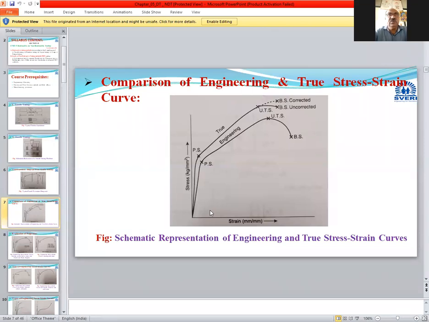After elongation, whatever stress we measure is true stress, and before that, in the original condition, it is engineering stress. Normally we go for the engineering test to get the tensile strength of the material. So this is the stress-strain graph. I have already discussed the yield point, the engineering ultimate tensile strength, and the breaking strength. Okay, next.